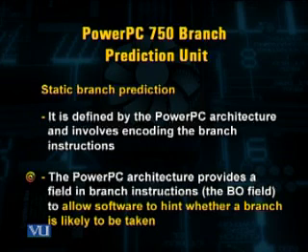The PowerPC architecture provides a field in branch instructions. This is known as the BO field, and it allows software to hint whether a branch is likely to be taken or not.